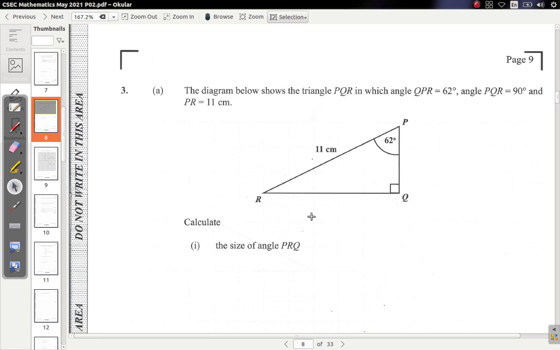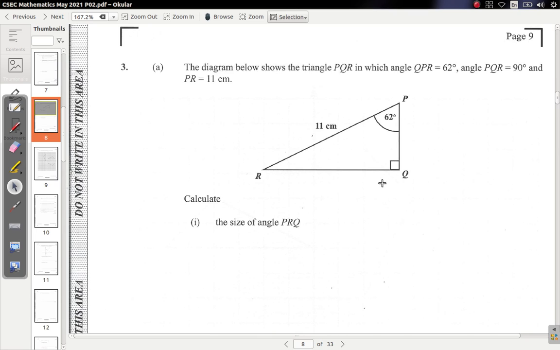And you see if you do calculate the size of angle PRQ, hold on there. PRQ would have been this angle. Alright. So what happened? All of the angles add up to 180 degrees.